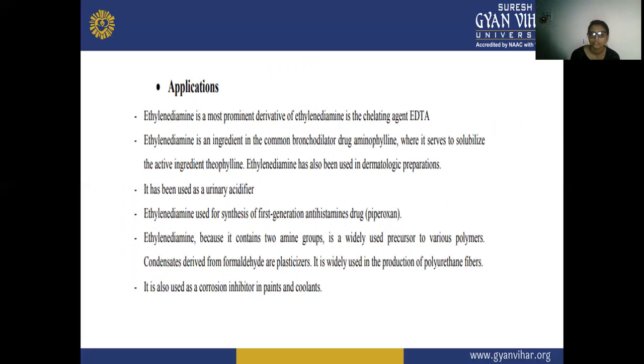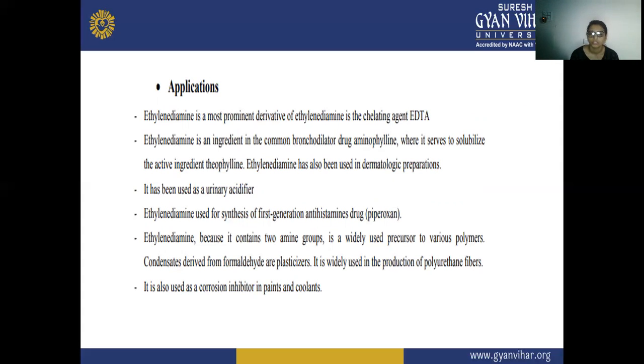So the applications of ethylene diamine: it is a prominent precursor to the chelating agent EDTA. Ethylene diamine is an ingredient in the common bronchodilator drug aminophylline, where it serves to solubilize the active ingredient theophylline. It has also been used in dermatologic preparations, and as a urinary acidifier.